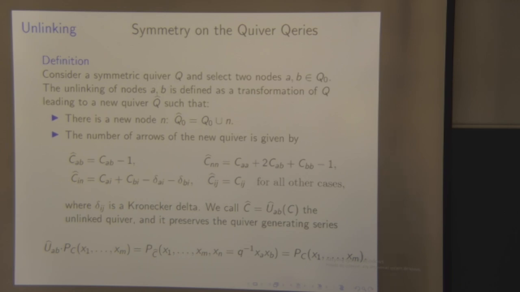That's why we call it a symmetry: although you're using as an input a different, larger quiver, you still get exactly the same quiver generating series after a suitable change of variables of the extra formal variable.